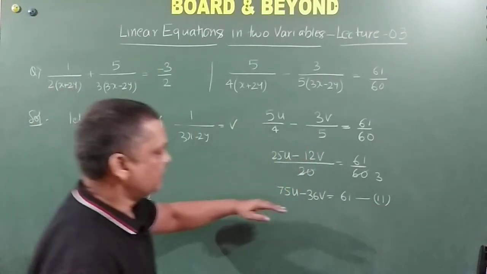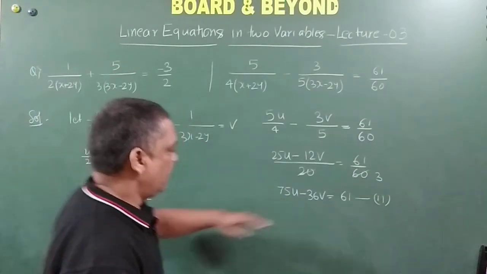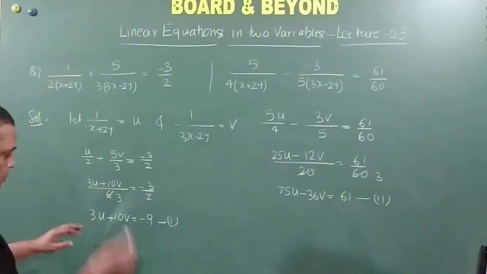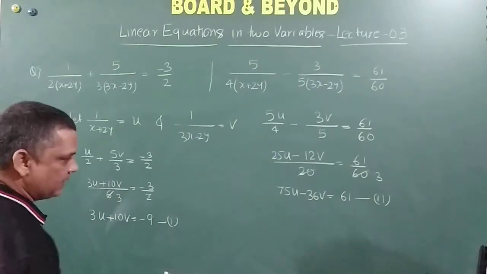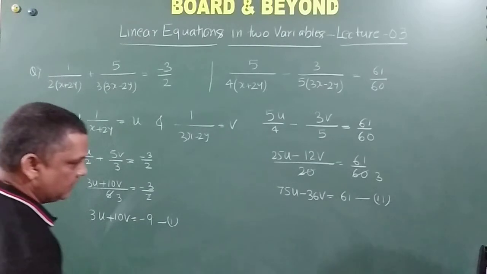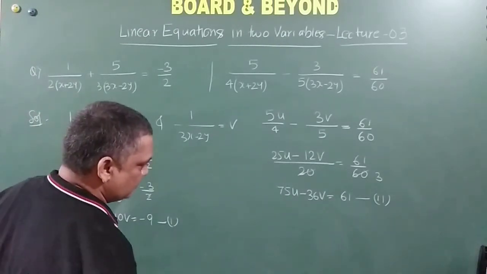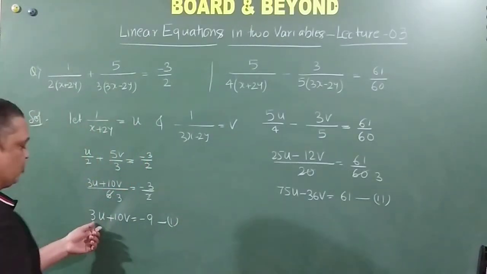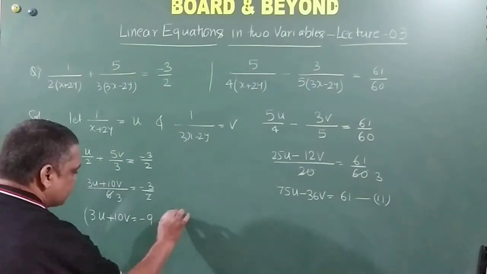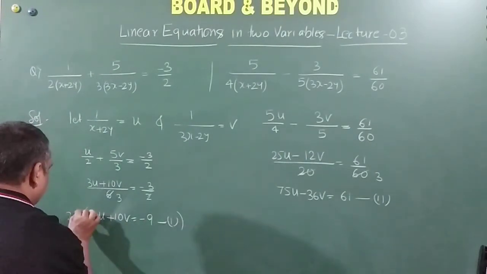So I have got equations number 1 and 2. I need to at least cancel one of the variables here, friends. So 3 is here and 75 there. So I need to multiply with 25. I am going to multiply this complete equation with 25.